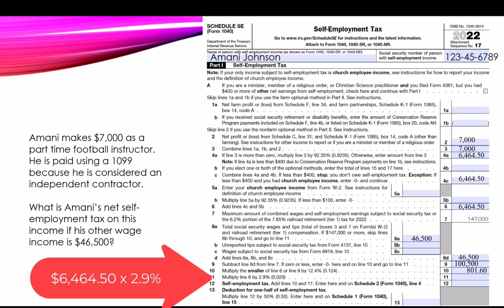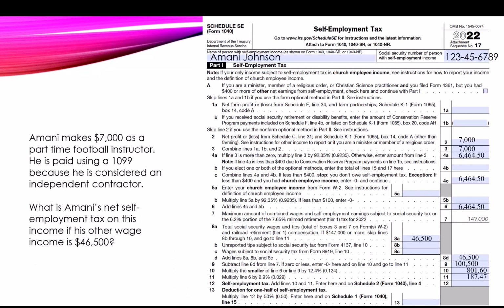We then determine the Medicare taxes owed for both the employer and the employee on the self-employment income by multiplying line 6 by 2.9%. Adding up our Social Security tax and our Medicare tax, we find that Imani will owe $989.07 of self-employment tax on the $7,000 he earned as a part-time football instructor, being paid as an independent contractor.